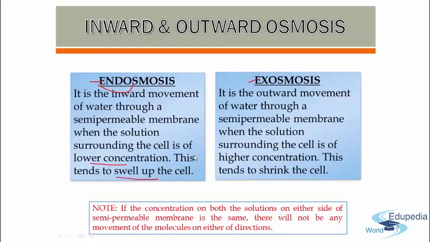Next is exosmosis. It is the outward movement of water through a semi-permeable membrane when the solution surrounding the cell is of higher concentration. In the earlier case it was lower concentration, and in this case it is higher concentration. This tends to shrink the cell.